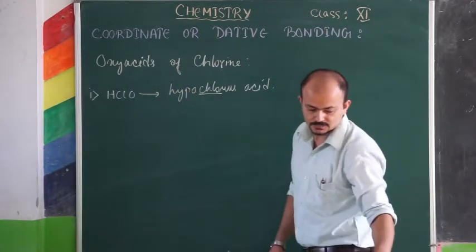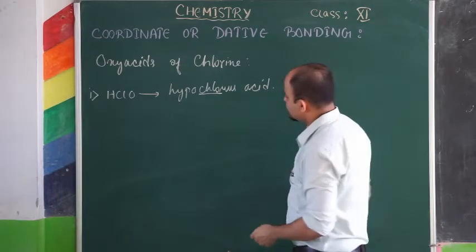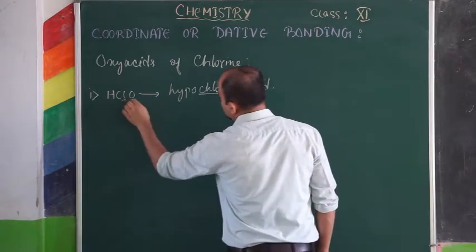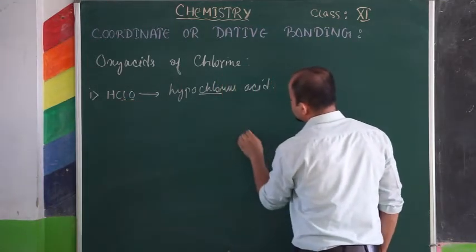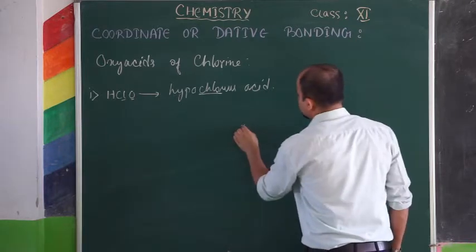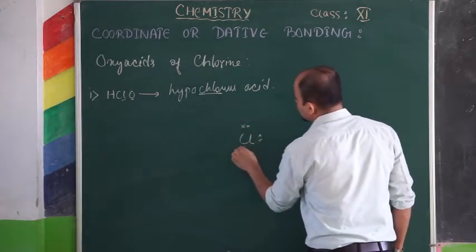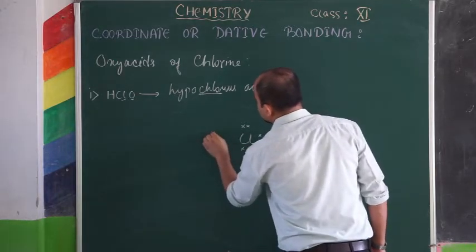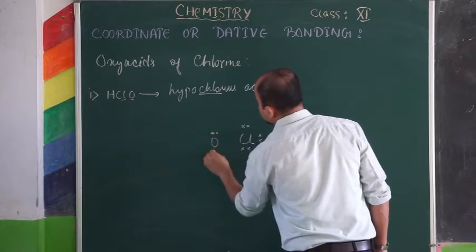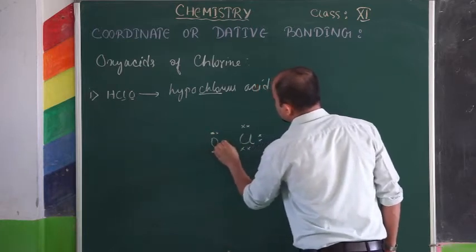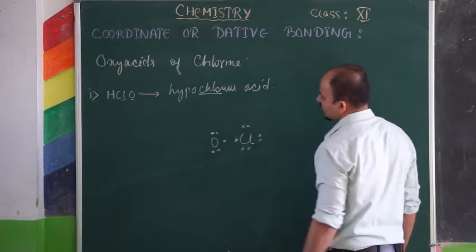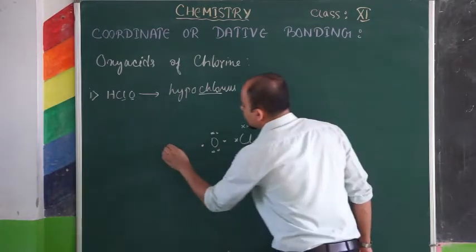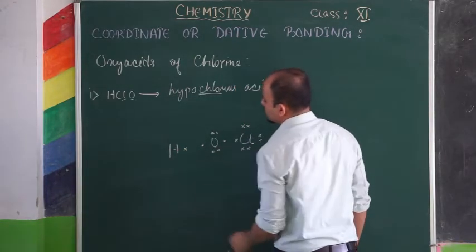In case of hypochlorous acid, we have HClO. So we have chlorine. You know chlorine has 7 electrons in the valence shell. Oxygen has 6 electrons in the valence shell, and hydrogen has 1 electron in the valence shell.